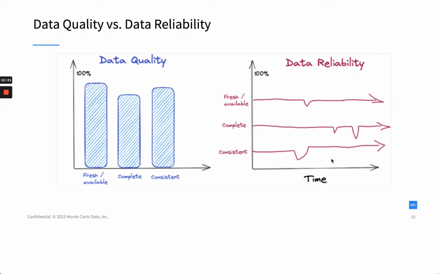Is the data fresh? Is it complete? Is it consistent? And data reliability is over a period of several days or weeks or months. Can you rely on your data, and can your stakeholders who are increasingly pulling and querying your data rely on it? The goal of modern businesses is to move beyond just measuring data quality and really focus on reliability as a holistic approach.